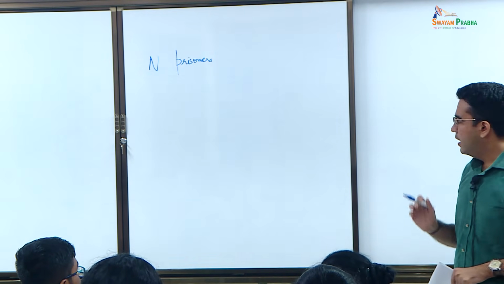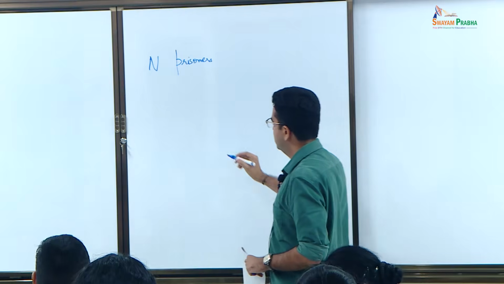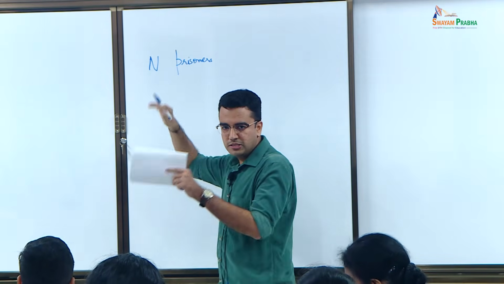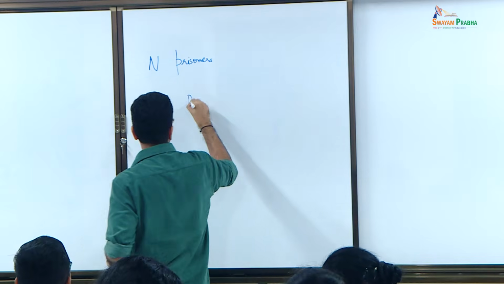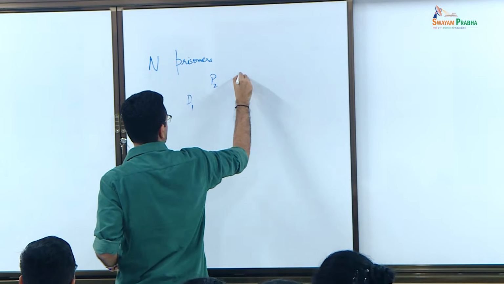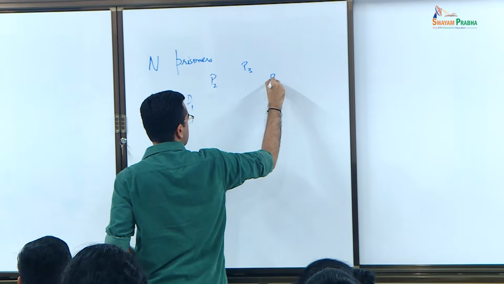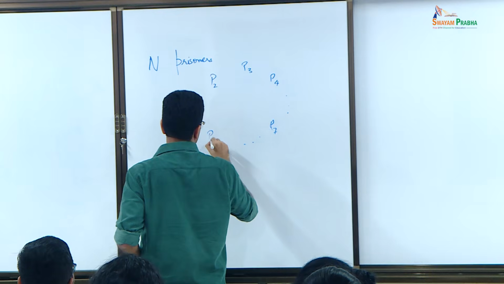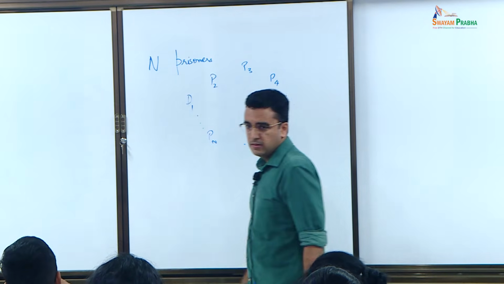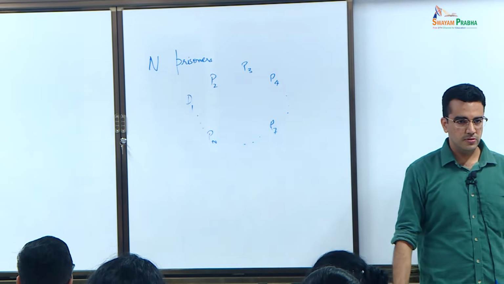And each prisoner's task is this. Let's organize the prisoners in some kind of circle, so that they can all see each other. Let's call them P1, P2, P3, P4, up to Pn. Prisoners can all see each other.